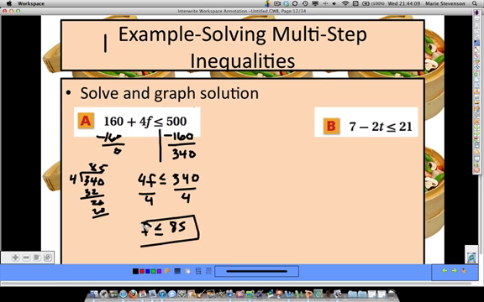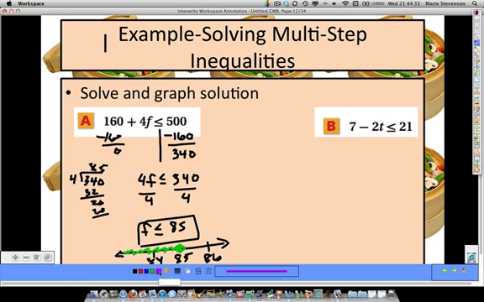So f is less than or equal to 85. Now, let's go ahead and do the graph real quick. We can do it on the bottom here. We have an 85 here, we have an 86 there, an 84 there. It's less than or equal to, so that means that is a closed circle to the left, just like that.